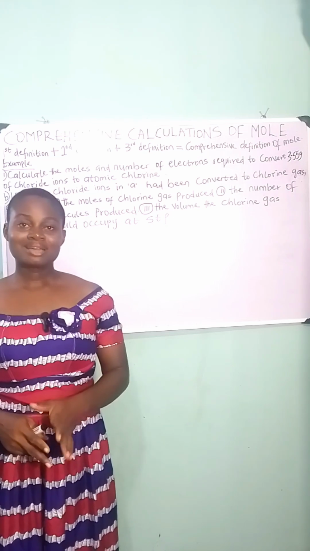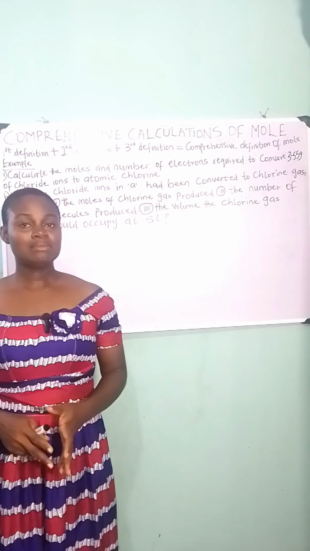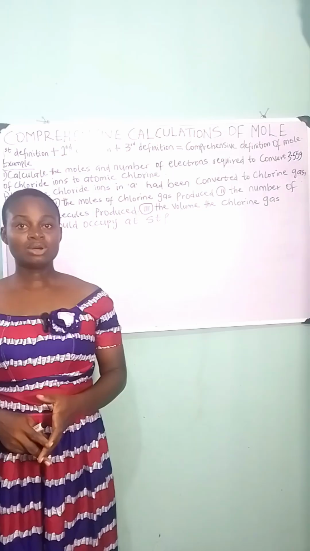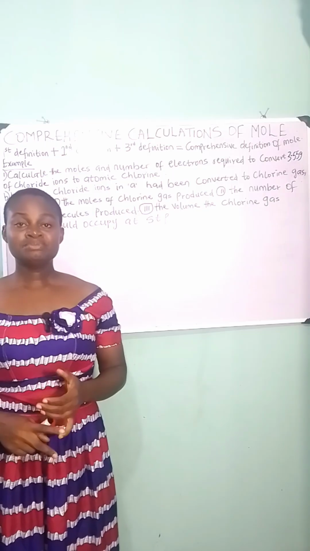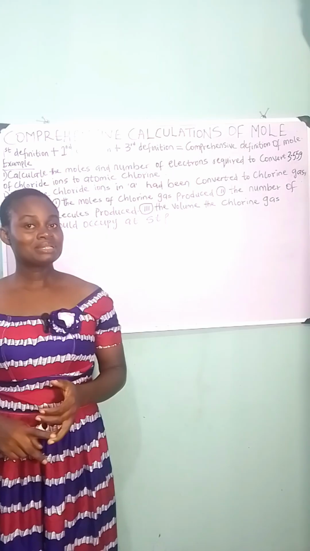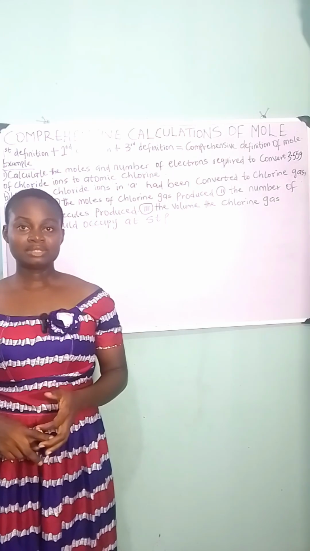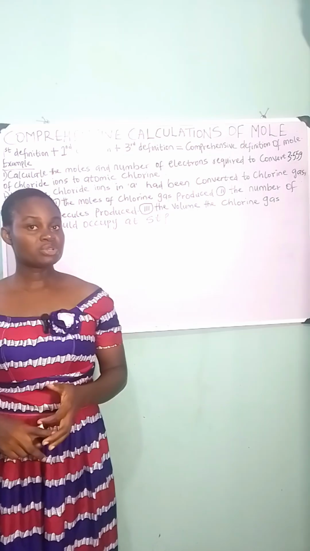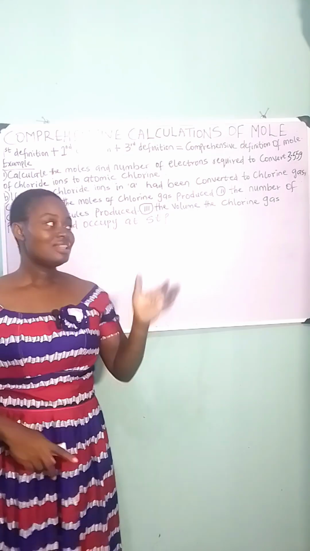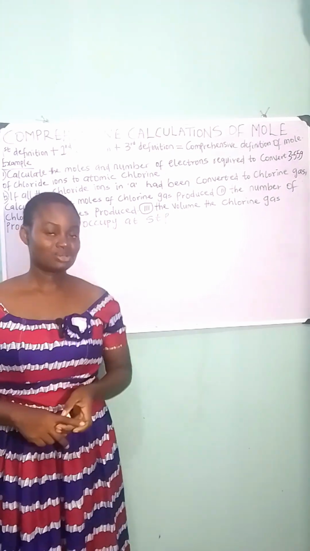Whichever way you are asked to calculate the number of moles, be it a compound or an element, it must obey or line up with these three principles or criteria: the molecular volume, which is 22.4 dm³, the gram atomic mass or molecular mass of such compound, and then the number of particles of such element, which is 6.023 exponent 23. Having said this, let's go over to the board and solve the question together.